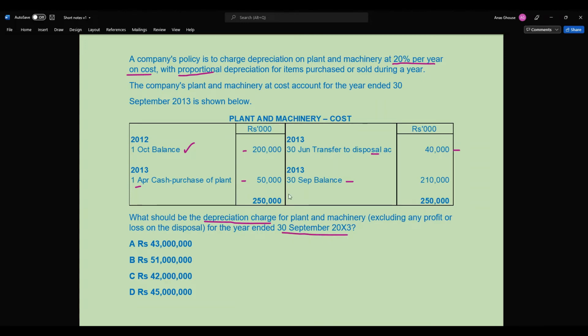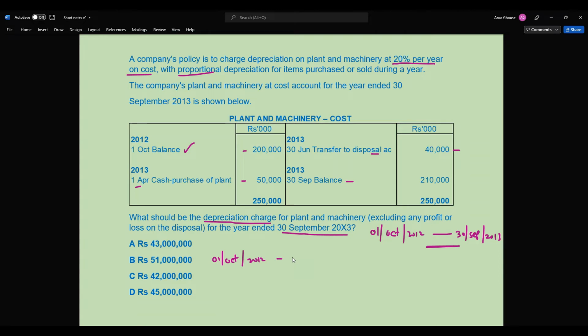Okay, so now we need to calculate the depreciation charge for the year. The financial period starts from 1st October 2012 till 30th September 2013. Okay, 12 months period. This is the financial year. First of all, we'll take 1st October 2012.